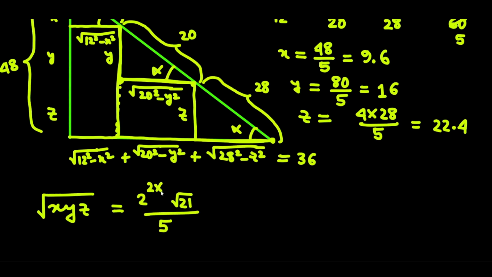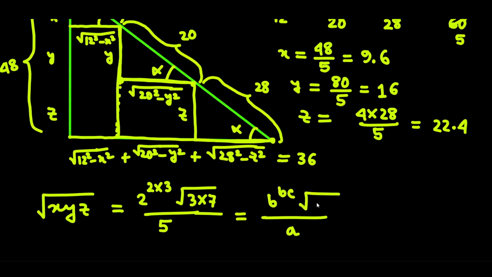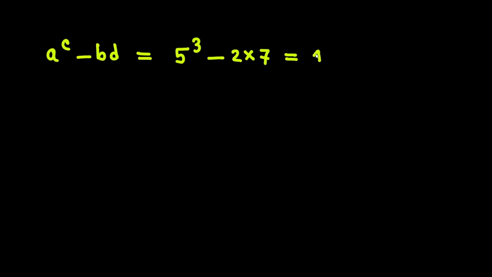That can be written as 2 into 3, and this can be written as 3 into 7. By comparing with the b to the power bc root over cd by a, a equals 5, b equals 2, c equals 3, and d equals 7. So the desired answer that I was hoping, a to the power c minus bd, which is 111.